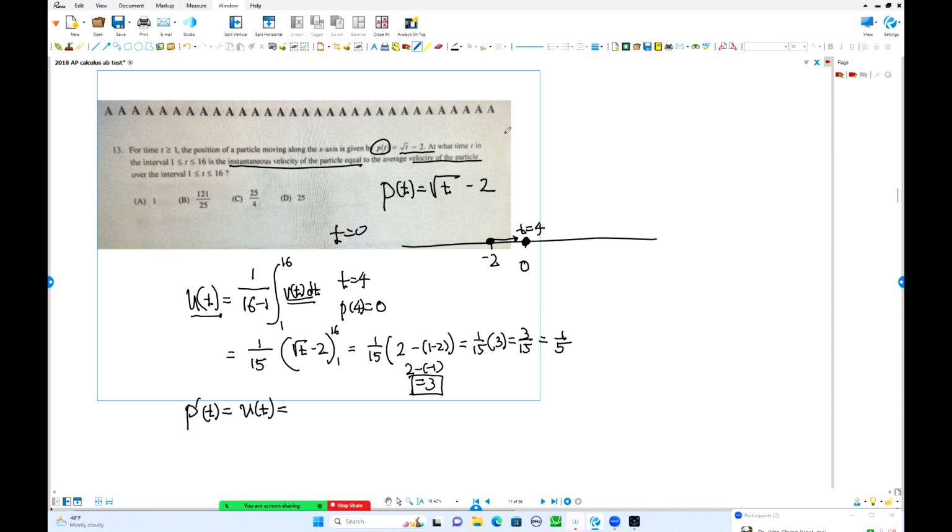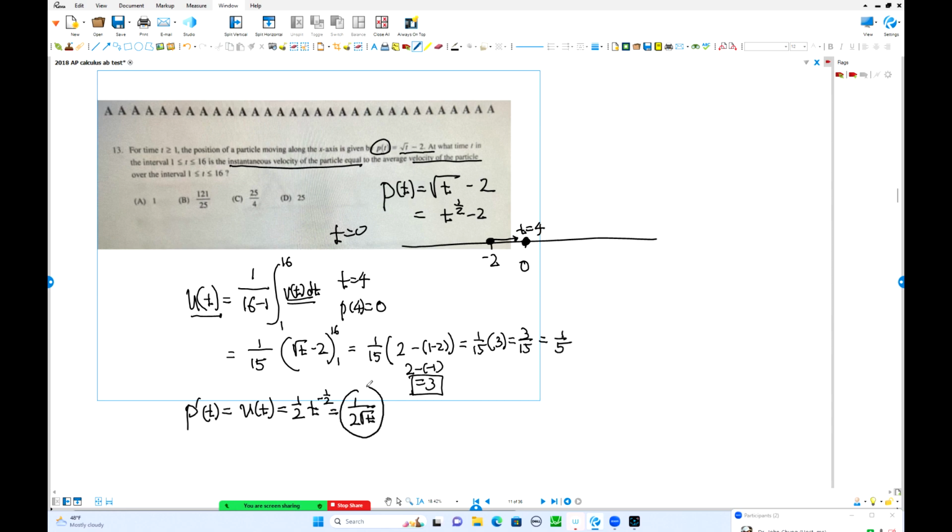The position is t to the 1/2 minus 2. Velocity: 1 over 2 moves to the front, 1 over 2 t to the 1/2 minus 1, which is t to the minus 1/2. The constant derivative is 0. So this is 1 over 2 square root t.